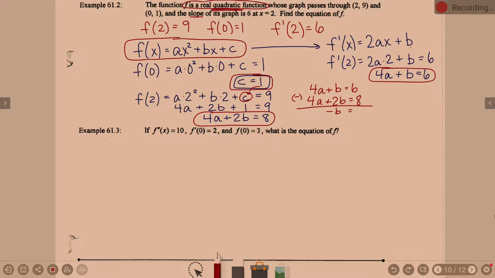Should have set this up the other way. 6 minus 8 is negative 2. And so then I know that b is positive 2. If you did this differently, that's fine. Then plug the b back in somewhere. So 4a plus 2 equals 6 is what I'm doing. 4a equals 4. a is 1.